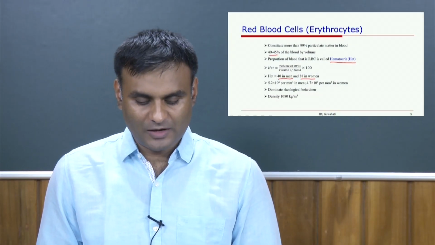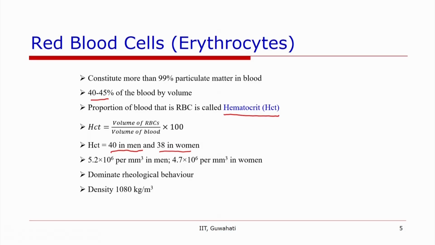The density of red blood cells is not very different from plasma. It is about 1080 kg per meter cube, whereas that of plasma is about 1030 kg per meter cube.